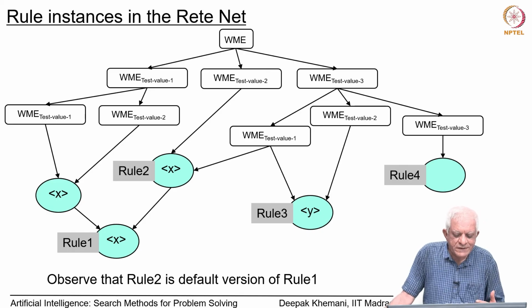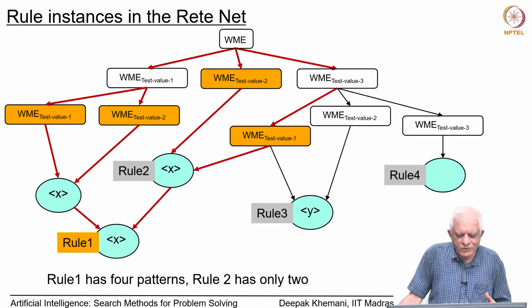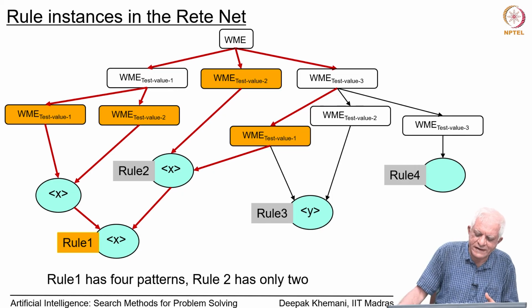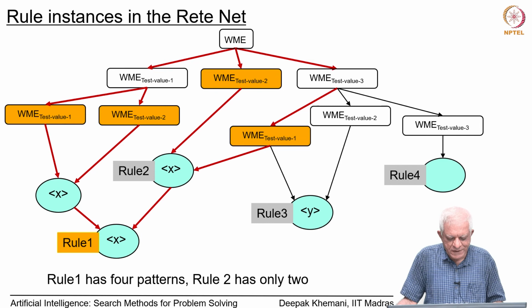Why do we say that? If you look at these 2 rules, you see that rule 2 needs only 2 patterns to match. So, these red edges are the edges along which the patterns which match this rule 1 travel. So, you can see that there are 4 paths from the root to rule 1, and each of those 4 paths represents one pattern in a rule.